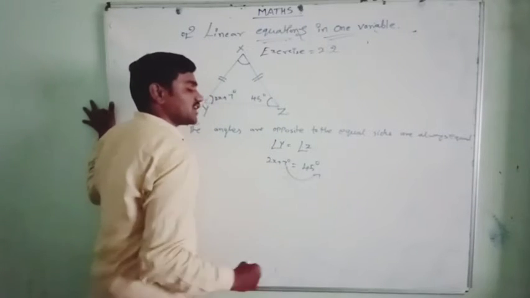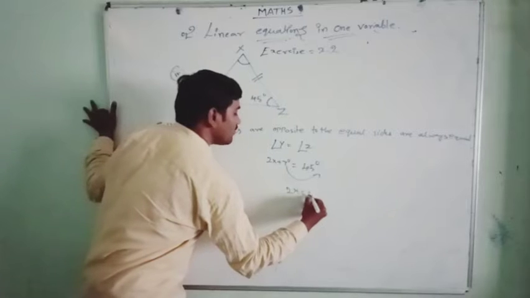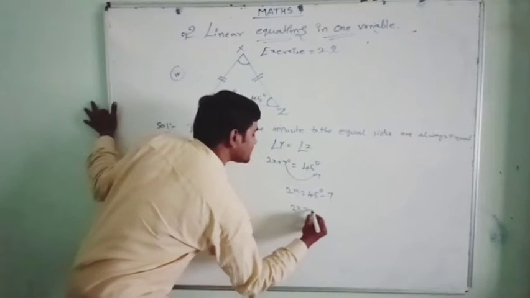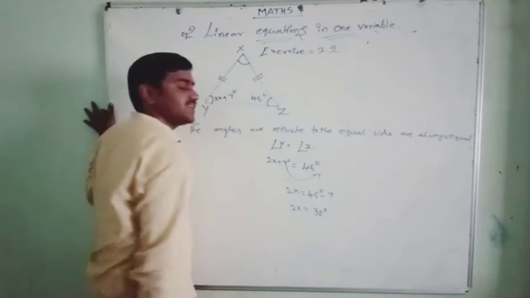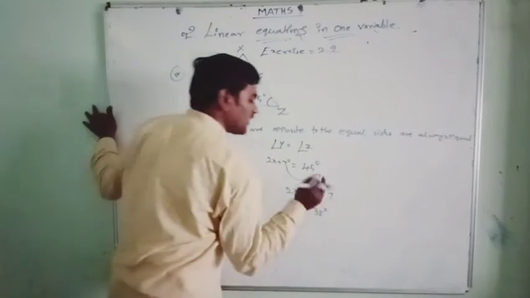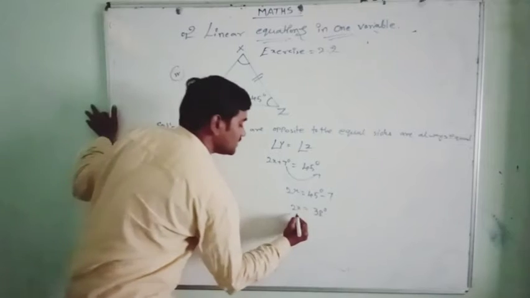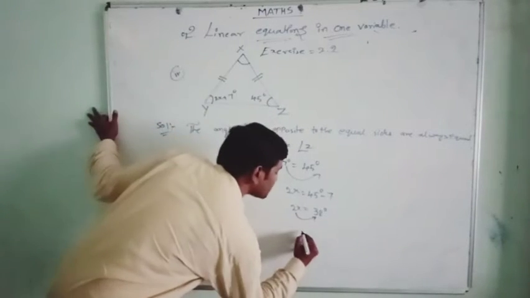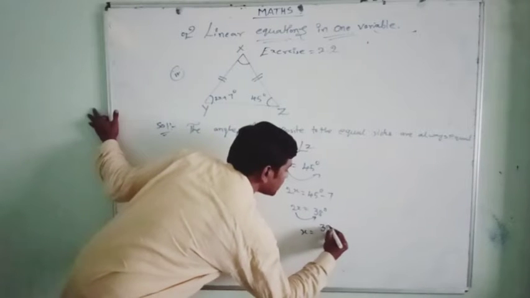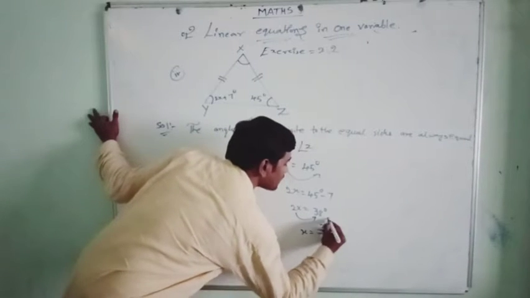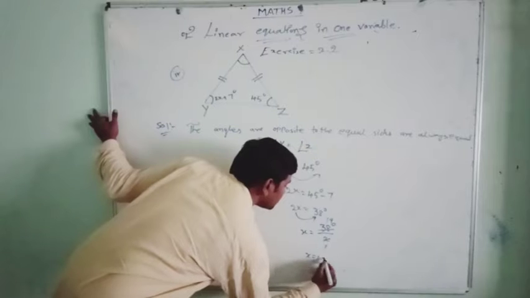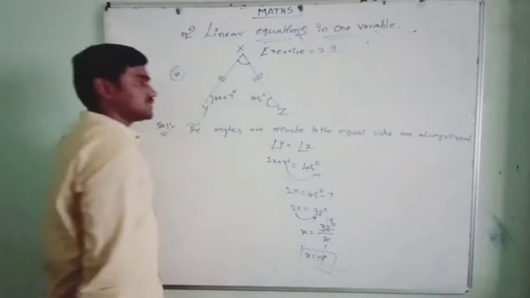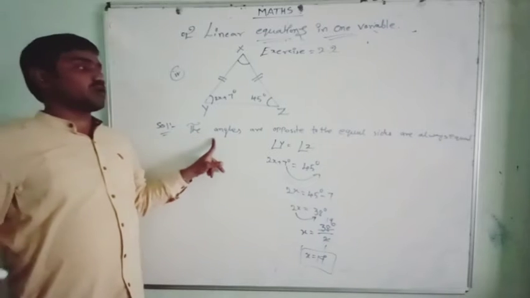This 7 degrees will be transported: 2x equal to 45 degrees minus 7 degrees. 45 minus 7 is 38 degrees. This 2 is multiplied to x, so we transfer it to the other side and it becomes division. So 38 degrees by 2. 2 19s are 38. x equal to 19 degrees.